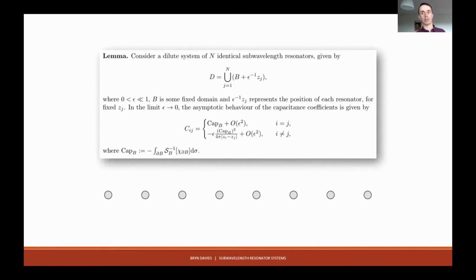This allows us to see, among other things, the symmetry of the capacitance matrix, and it also nicely sets up efficient analyses of large systems of resonators in terms of this leading order approximation of the capacitance matrix.